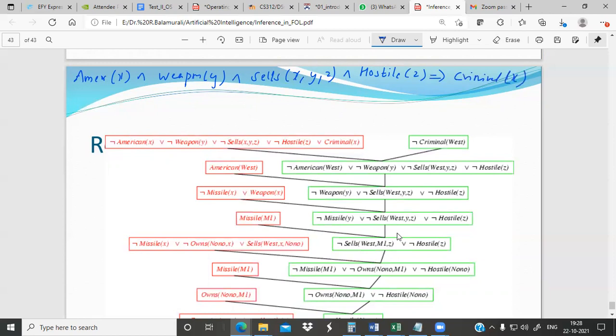Now before resolution, the sentence should be in Horn clause format. Hence we apply alpha implies beta, which can be written as not alpha or beta.